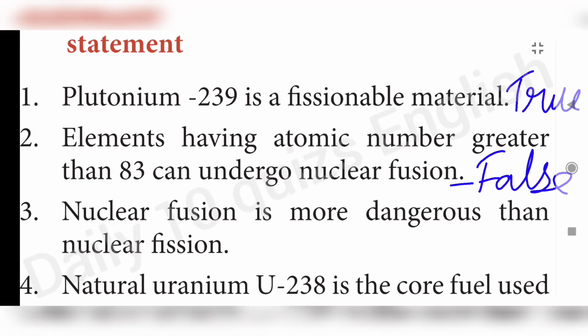So the correct statement is elements having an atomic number greater than 83 can undergo nuclear fission. There is nothing but the change in the word before atomic number.